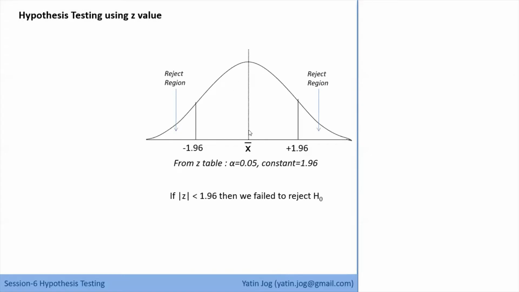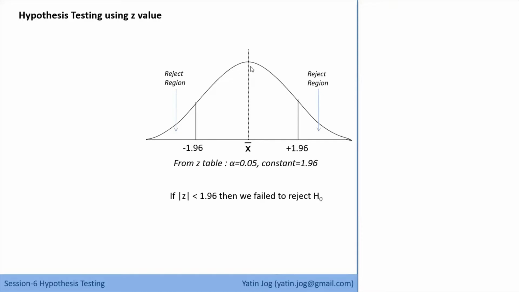What is the meaning of that? The meaning of the constant 1.96 is this: from X bar as the mean, if I draw a line at a distance of 1.96 on both sides, all the data points between minus 1.96 and plus 1.96 are my 95% of the population.